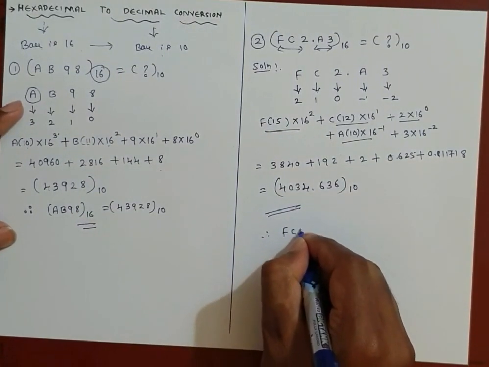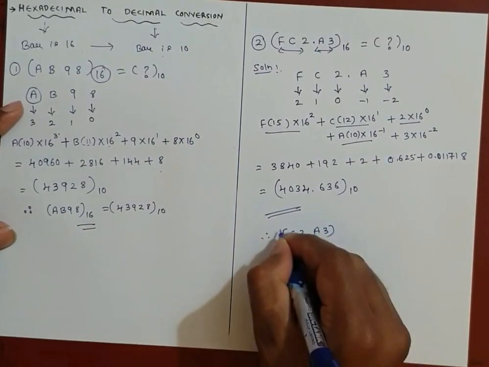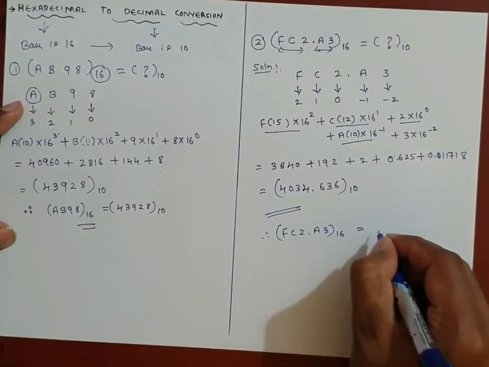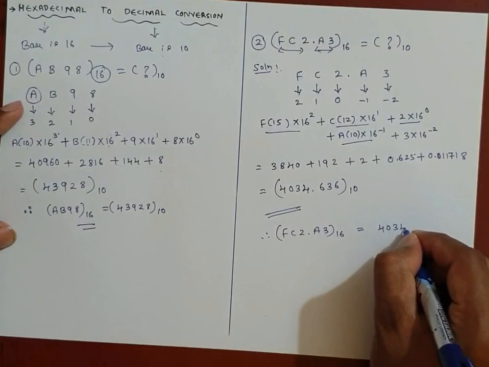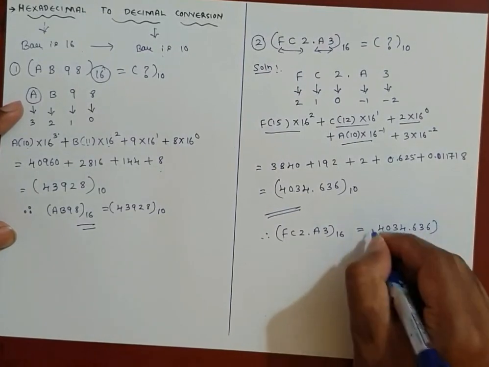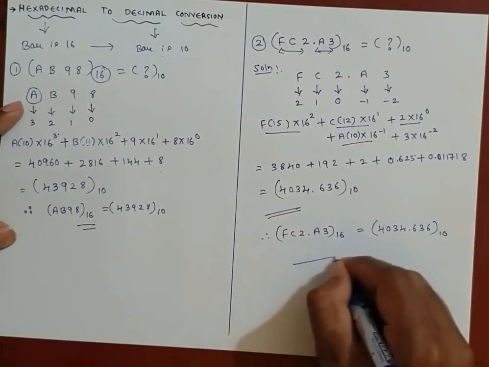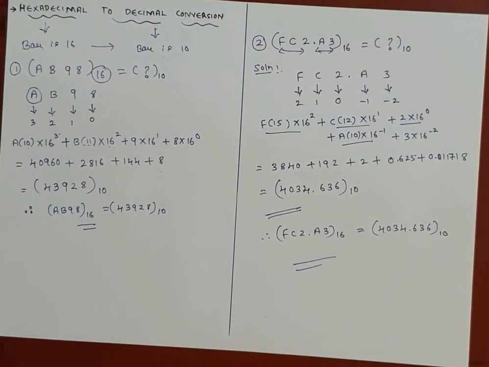Therefore, FC2.A3, which is in hexadecimal form, will be equal to 4034.636 to the base of 10. So this completes any radix to decimal conversion.